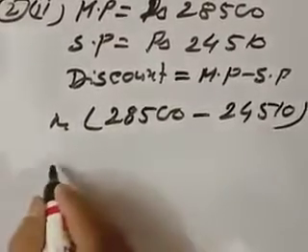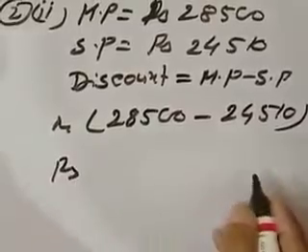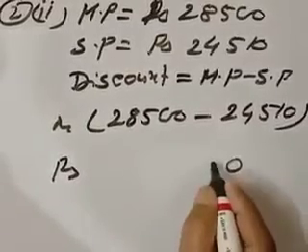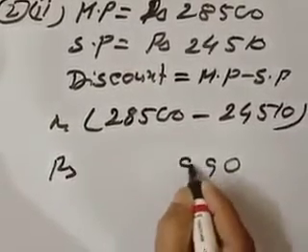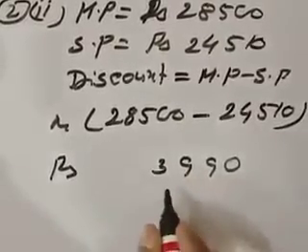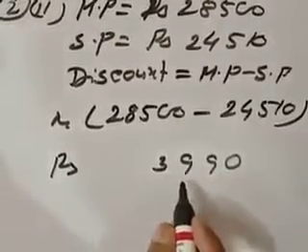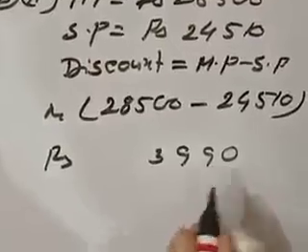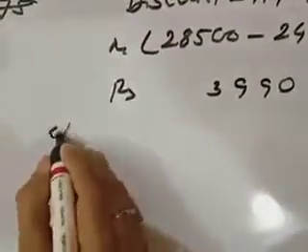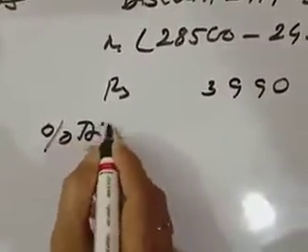If you subtract, you will get your answer, 3,990. That means discount is equal to rupees 3,990.